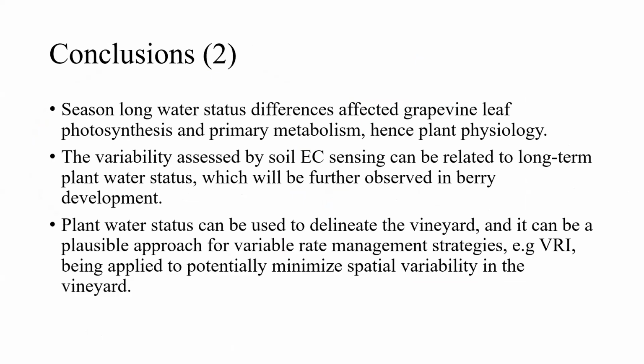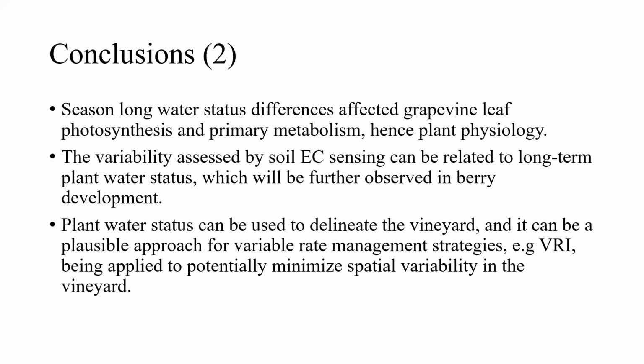So to conclude the second section, the differences in season-long plant water status affected the grapevine leaf photosynthesis, gas exchange, and the primary metabolism to a degree that they have some separations in some parameters, as we saw. Hence, the plant physiology was altered by this plant water status.